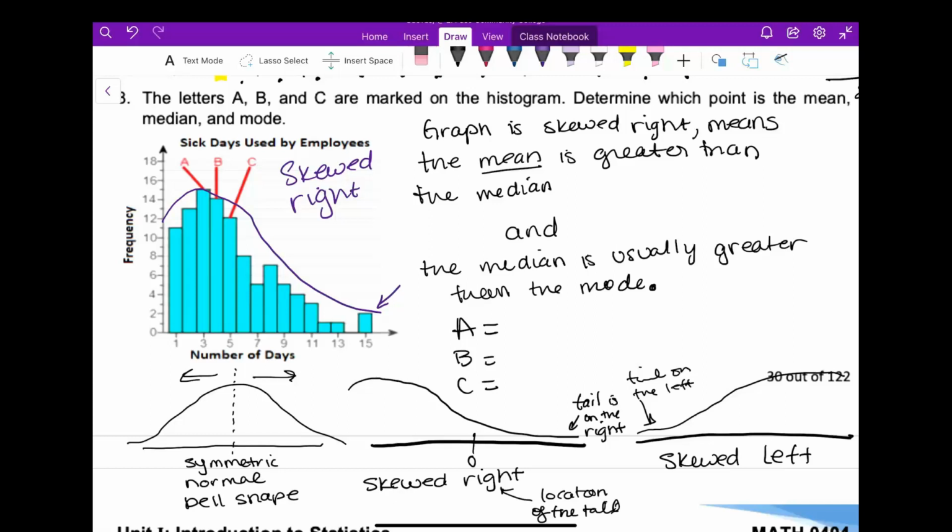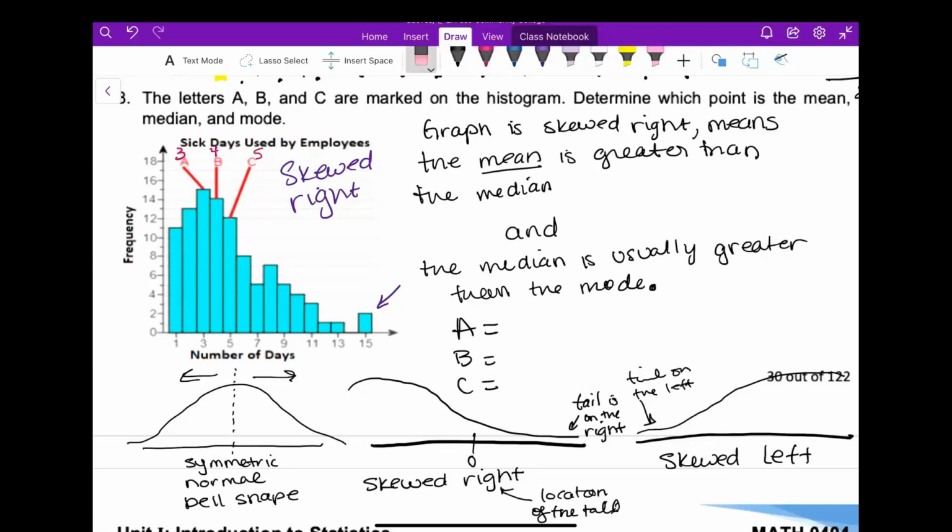Where am I reading this 3? I'm reading this value here because this bar contains numbers like 3. B contains numbers like 4. And C contains numbers like 5. Do not be fooled by the height.